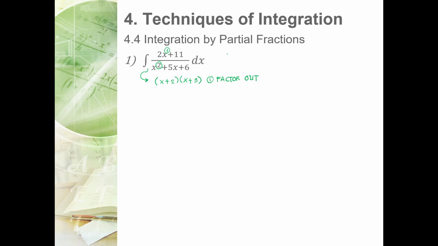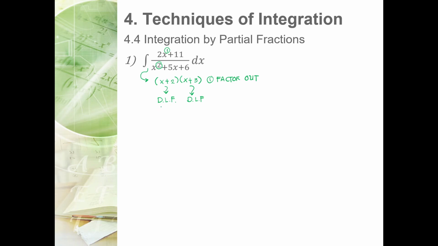So the next step is to determine what particular factors you're going to have. Since you have x plus 2 and x plus 3, you're going to have distinct linear factors. I'm just going to make an abbreviation for this one: distinct linear factor, DLF. So x plus 3 is another distinct linear factor, DLF.